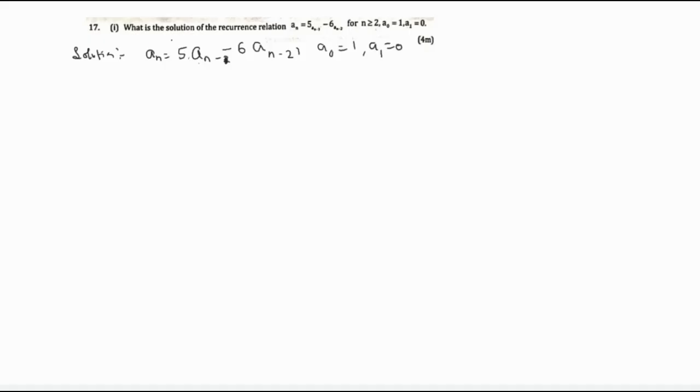So here, let us rearrange these elements. We get a_n minus 5 a_(n-1) minus 6 a_(n-2) equals 0.